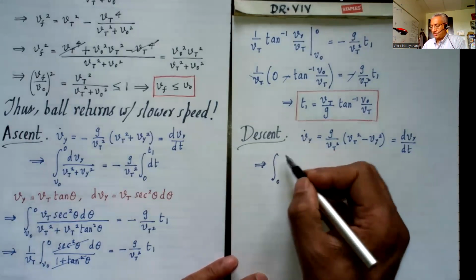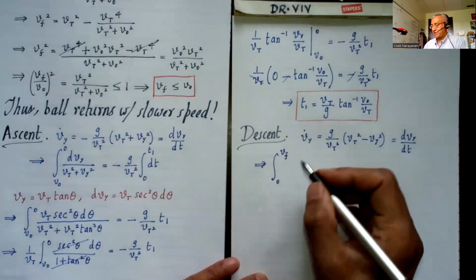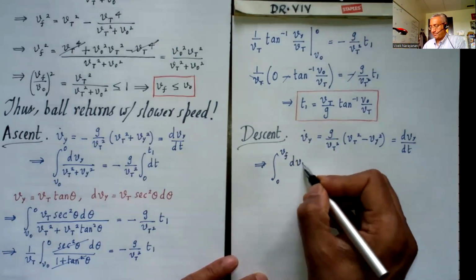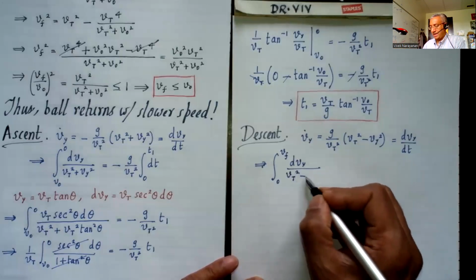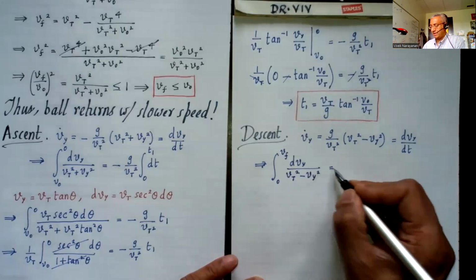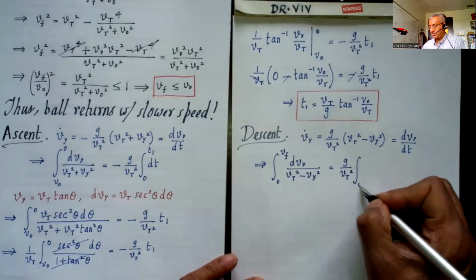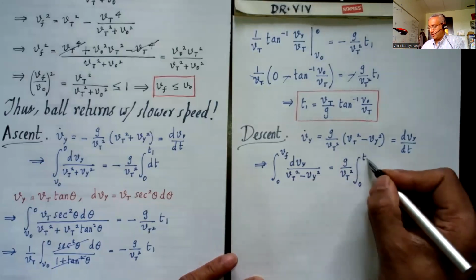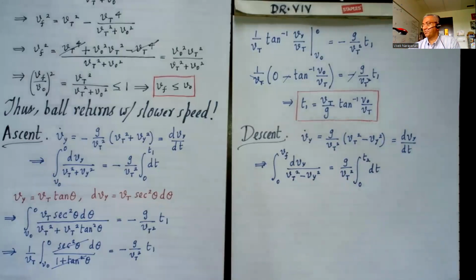In the descent, the limits are 0 and Vf because it starts at 0 and ends at Vf. dVy divided by Vt squared minus Vy squared is all equal to g over Vt squared. Once again, it's a constant, so don't worry about that. And the integral of just dt, T2 on the way down, okay?